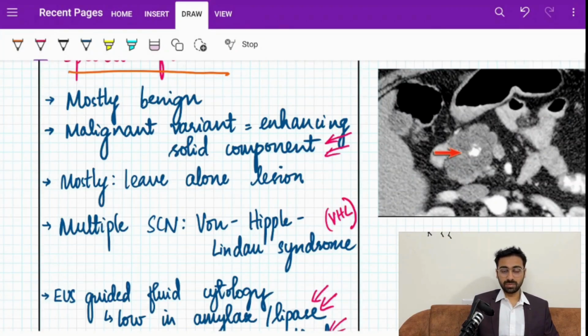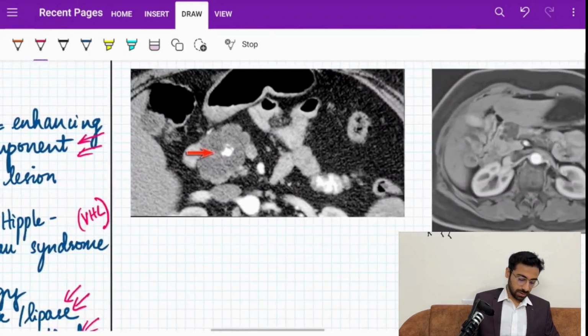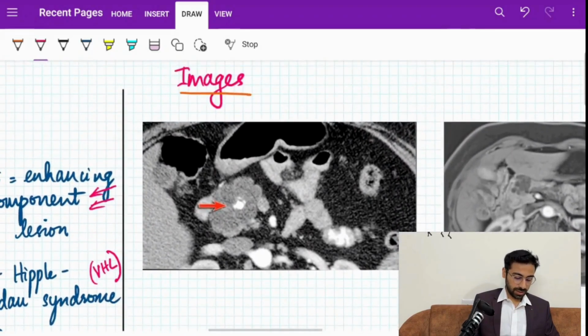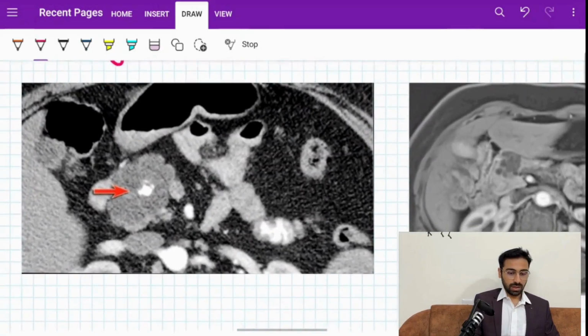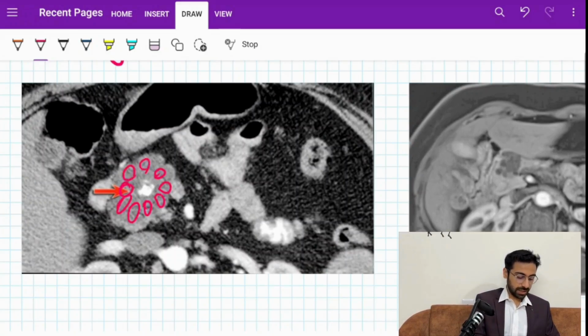Alright, let us see some images. This is a contrast enhanced CT of the patient where you can see a well-defined multiple cystic, that is polycystic or microcystic variant with central stellate calcification.